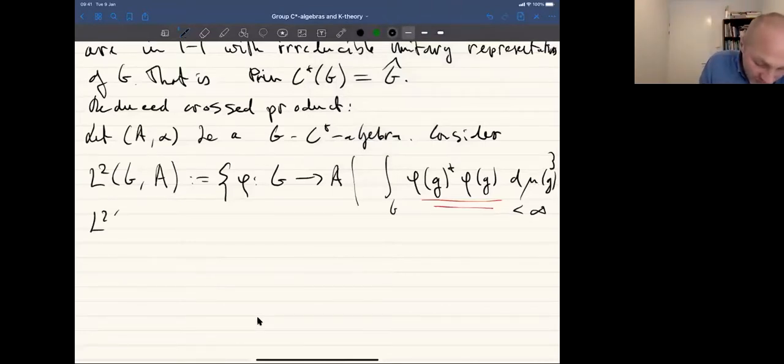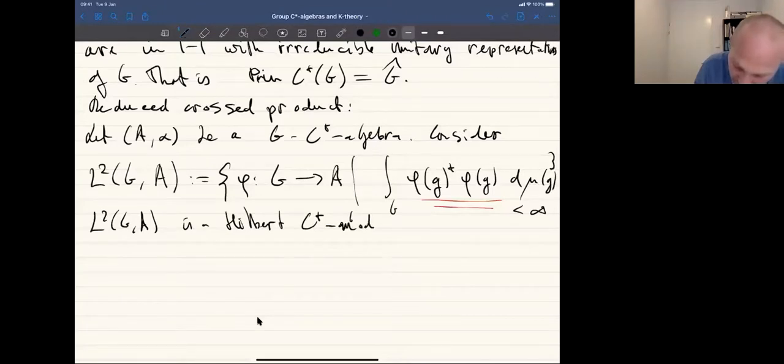So L2(G,A) is a Hilbert C-star module over A, with the inner product phi, psi being the usual one.